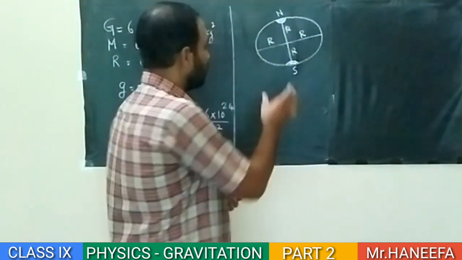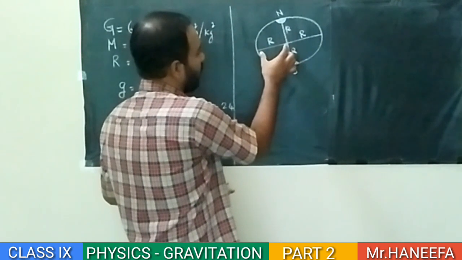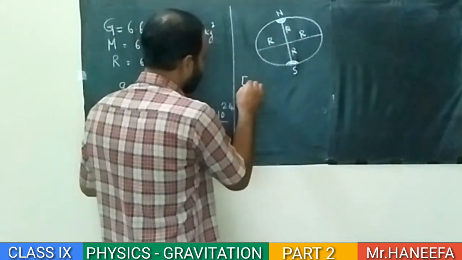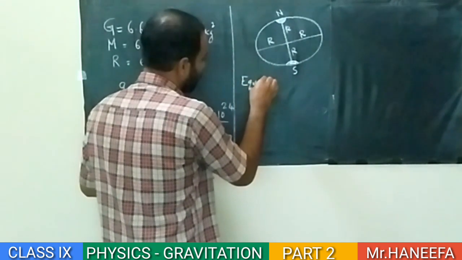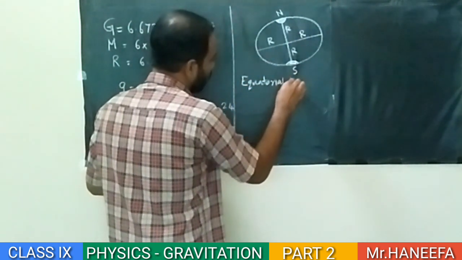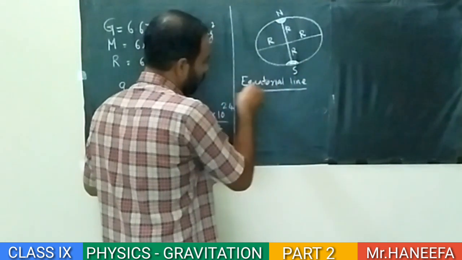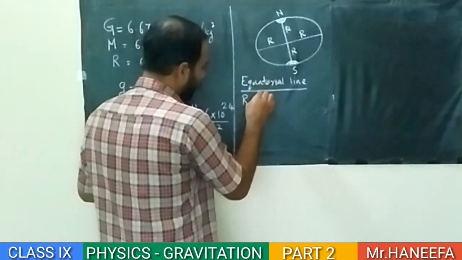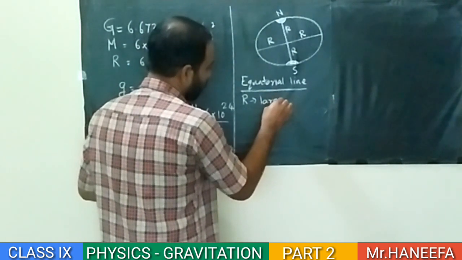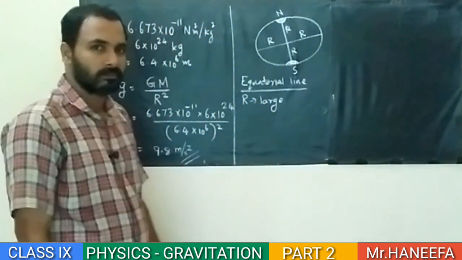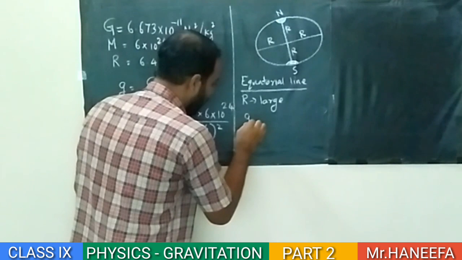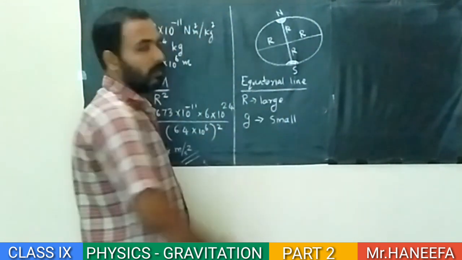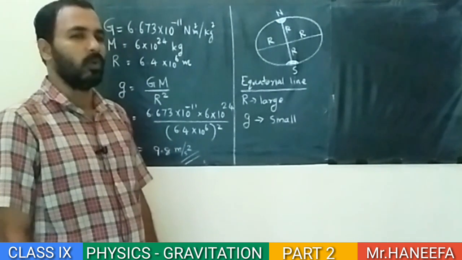Okay, so this r is large. At the equatorial line, radius is large. So acceleration due to gravity is small compared to poles.